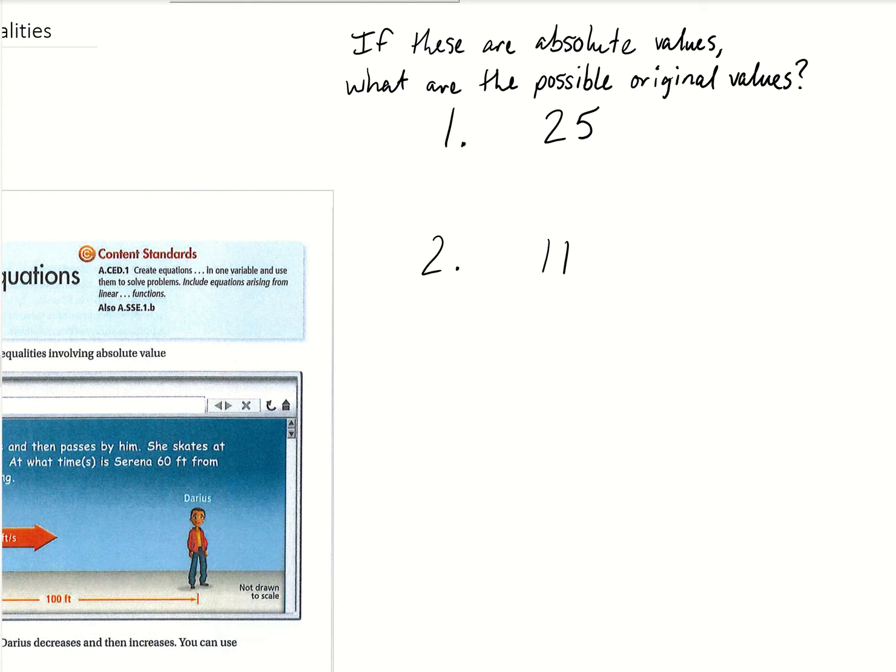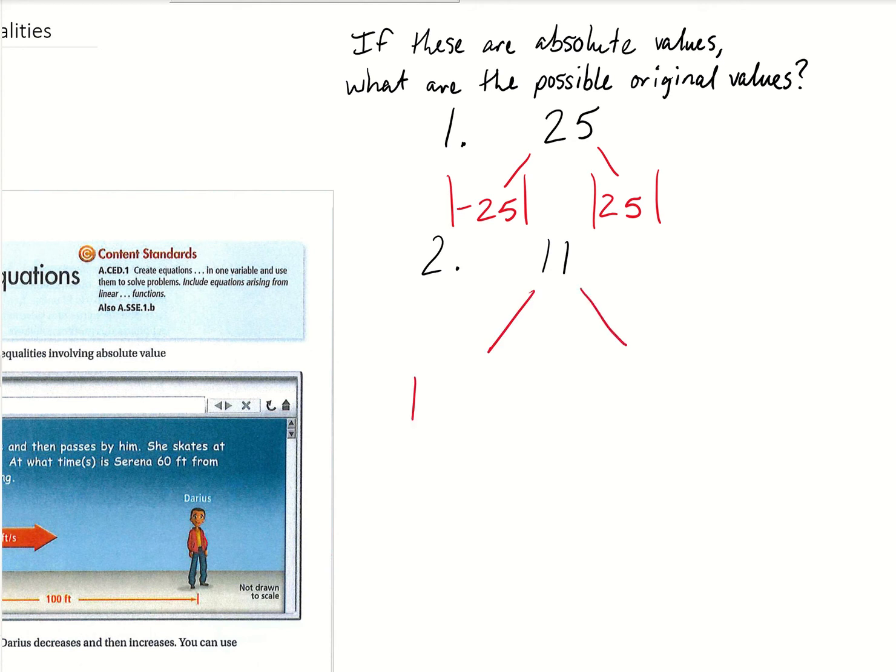When you do these, you should get for 25, negative 25 is a possible value, and 25 is a possible value. If you take the absolute value of either one of these, the absolute value of negative 25 is 25, and the absolute value of 25 is also 25. Same thing with 11 here.